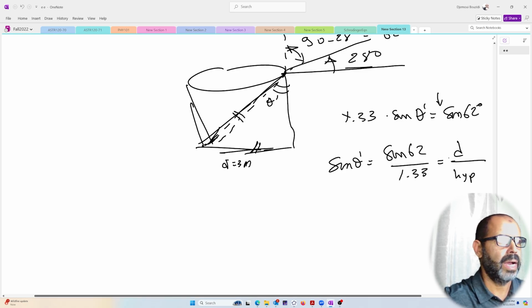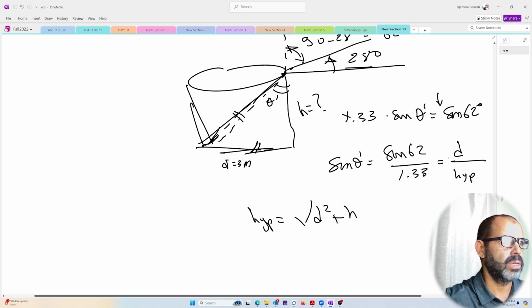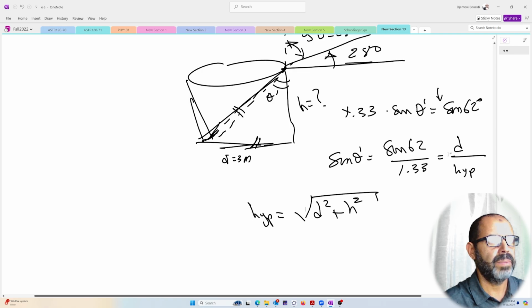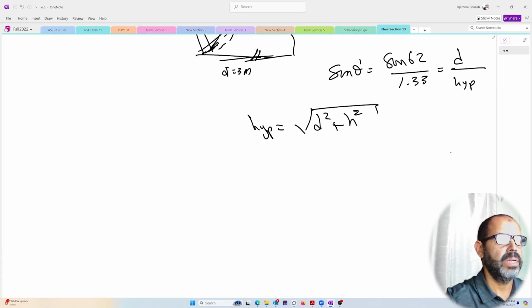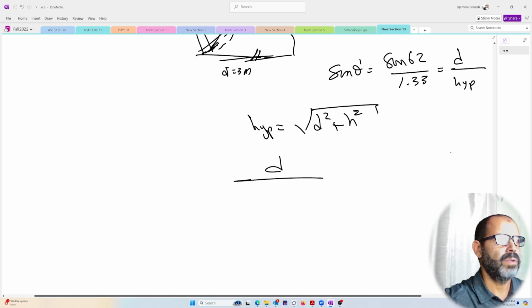I really need the hypotenuse in this case, which is equal to the square root of d squared plus the height that we want squared, from the right angle triangle. So d over the square root of d squared plus h squared must be equal to the sine of 62 degrees divided by 1.33.